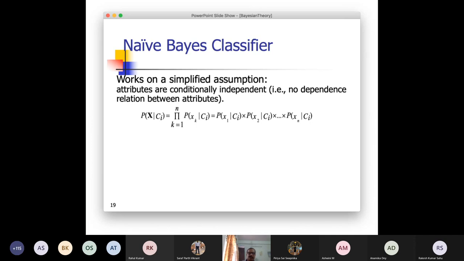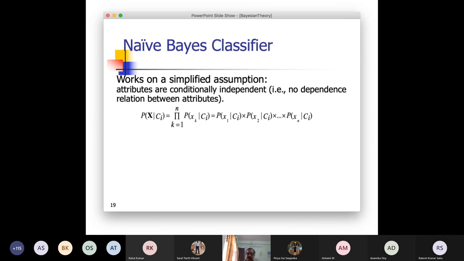In that case, you can consider that the class likelihood of the multidimensional feature vector X can be expressed simply as a product of likelihoods for that class for individual attributes. This is a simplification, and it makes your computation much simpler, because the estimation of class likelihoods of a single attribute is much simpler.